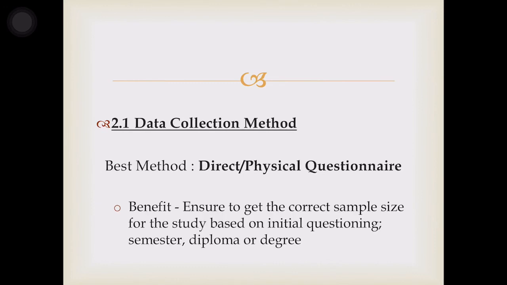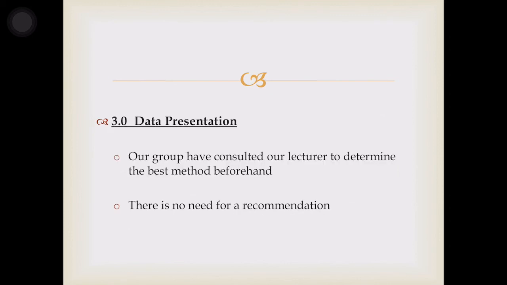So we have concluded that the best way to do the data collection is by doing a direct or physical questionnaire. The benefit of this method is we can ensure to get the correct sample size for the study based on initial questioning, such as their semester or whether they are in diploma or degree.